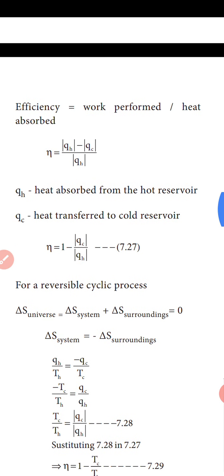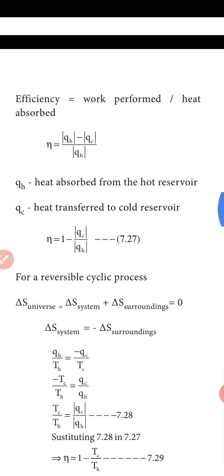Efficiency is equal to work performed divided by heat absorbed. So η is equal to QH minus QC divided by QH, where QH is the heat absorbed from the hot reservoir and QC is the heat transferred to the cold reservoir. So η is equal to 1 minus QC by QH.